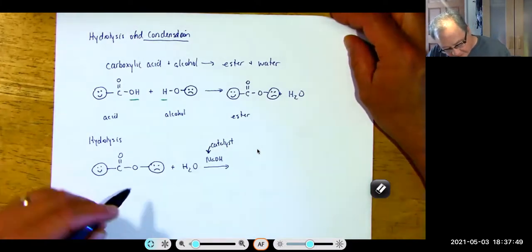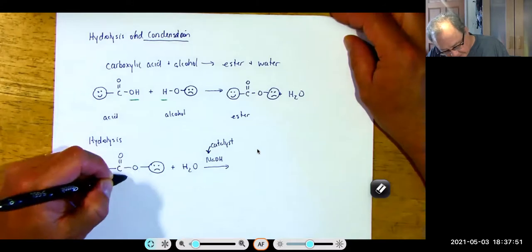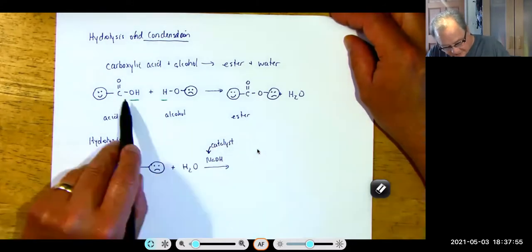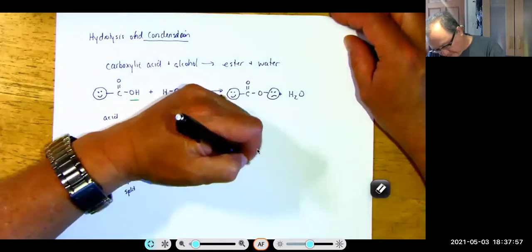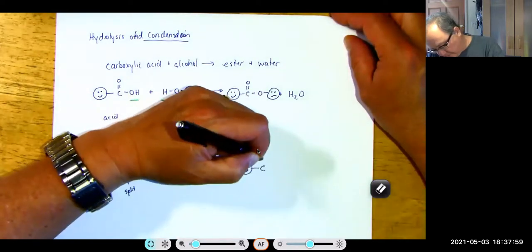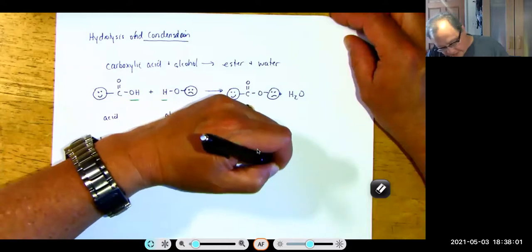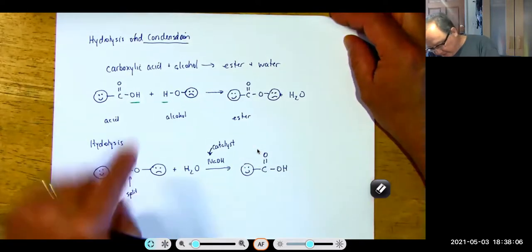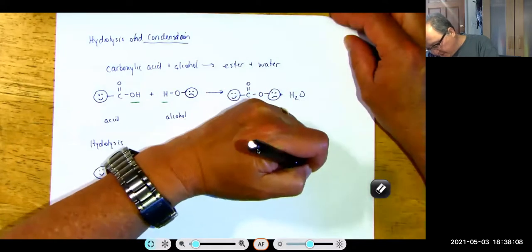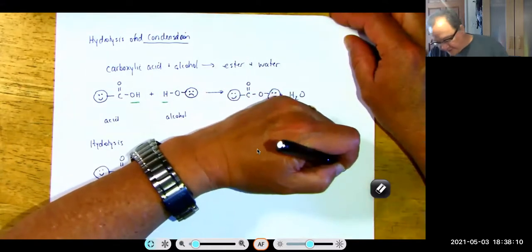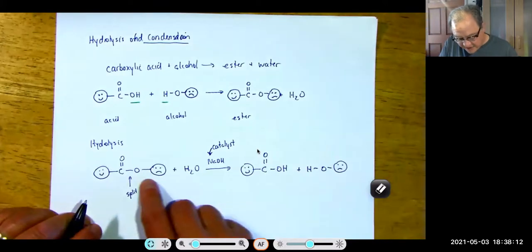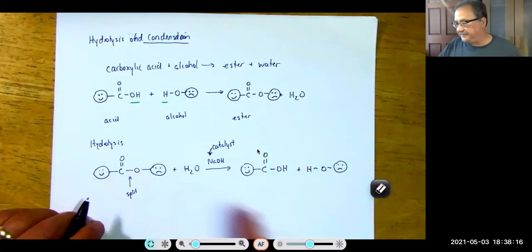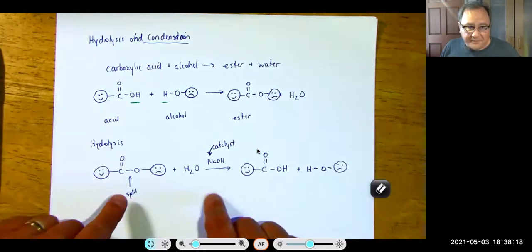So what's going to happen here is this is going to split right here, just like this bond was made right there. And you're going to add the OH back to that carbon, and you're going to add the H back to that oxygen. You see that this reaction, instead of the one above?